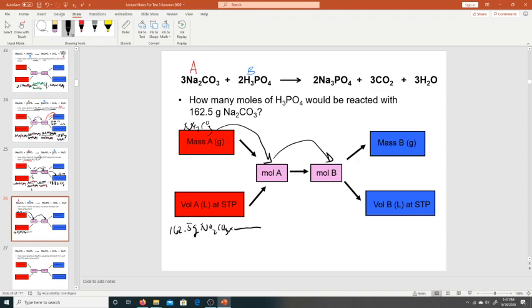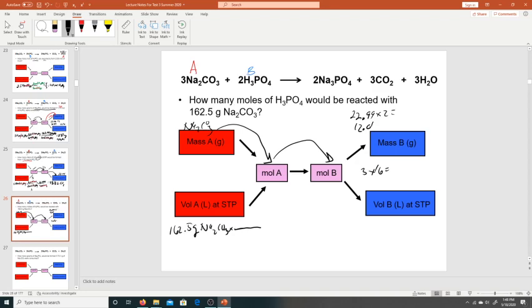See, so sodium is 22.99. I have to multiply that by 2. Carbon is 12.01. And oxygen will be 3 times 16.